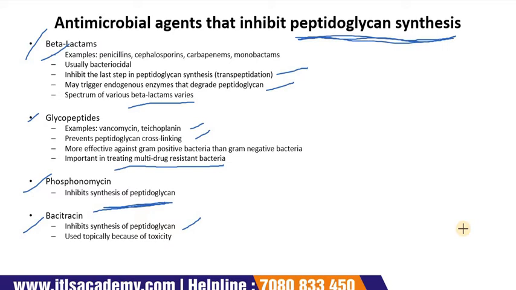Glycopeptides prevent the cross-linking, and the last two inhibit the synthesis of peptidoglycan. So when the peptidoglycan layer is not formed, it could resist the growth of the bacteria due to the stoppage of peptidoglycan layer synthesis.